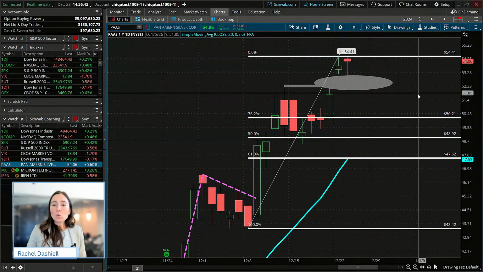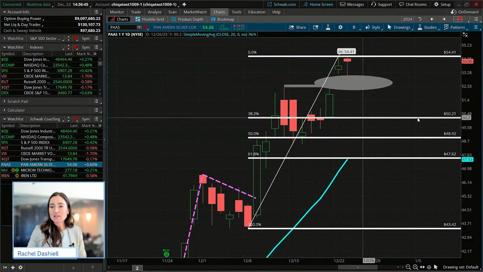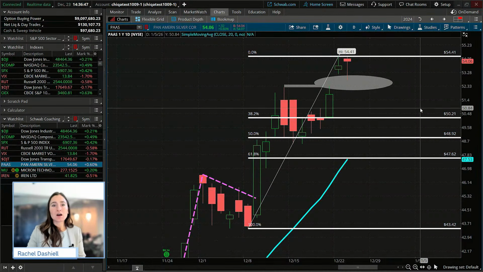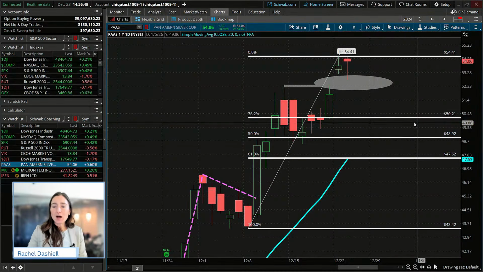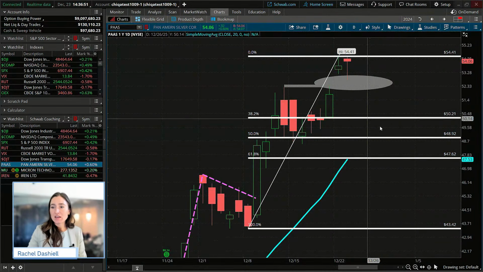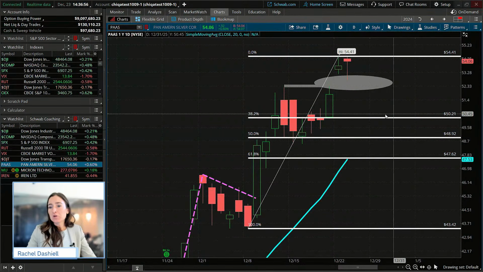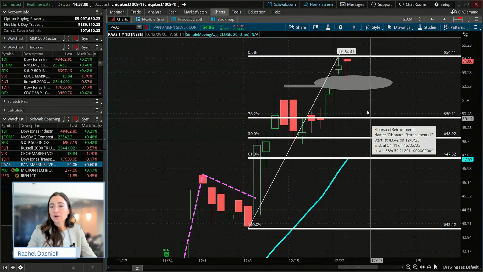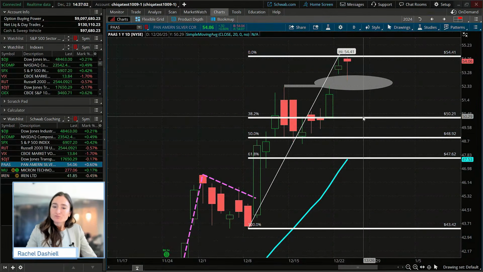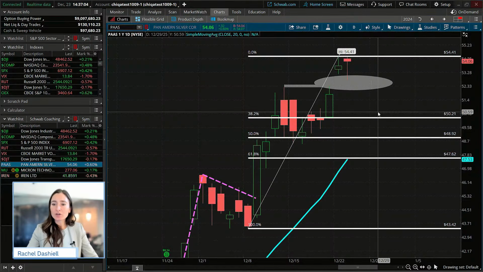Now, what I may do as a trader in this case, if I really do want to own this stock and I may want to use options as a strategy in this case to enter into this trade, I may place a limit order if I do see a possible bounce from this level.